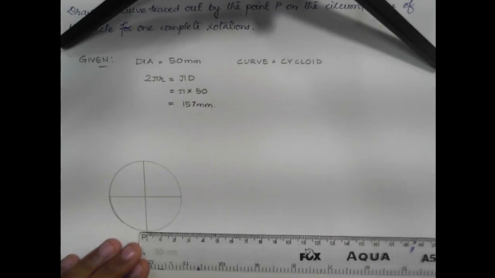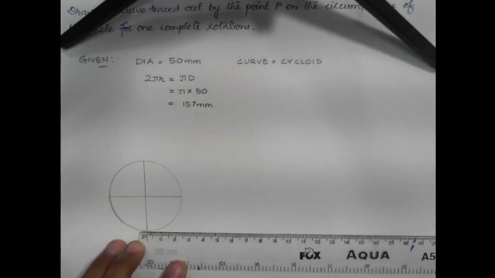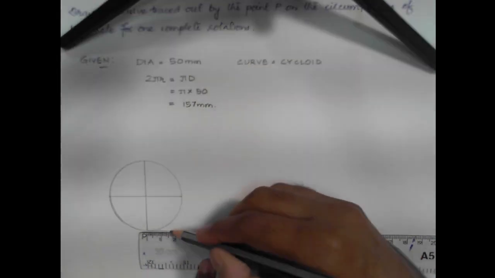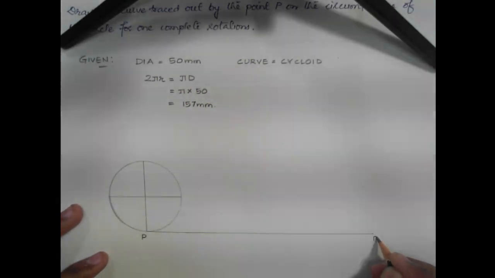So what I do, I will draw a 157 length, that is 15.7 centimeter straight line from point P up to 157 and name it as P dash. Why did I write P and P dash?